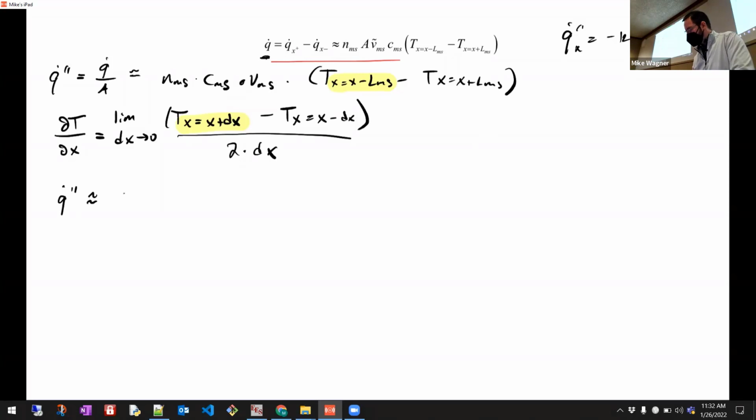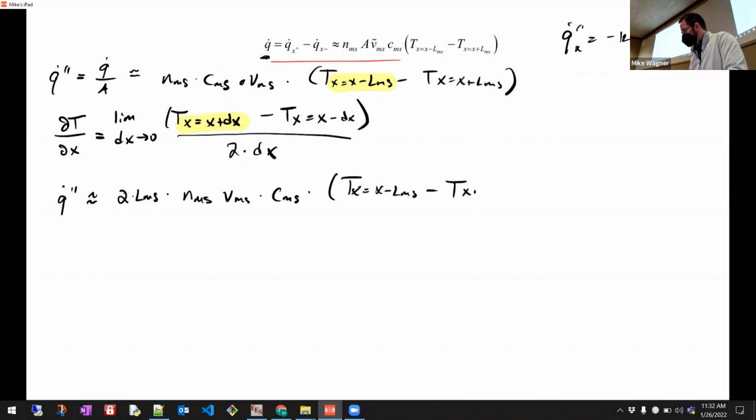Okay, so we end up with our distance here is 2 times l, times n, v, c, times the temperature difference, T at x equals x minus l, minus T at x equals x plus l, divided by our distance, and our distance was 2l, right? We just basically multiplied by 2l over 2l.